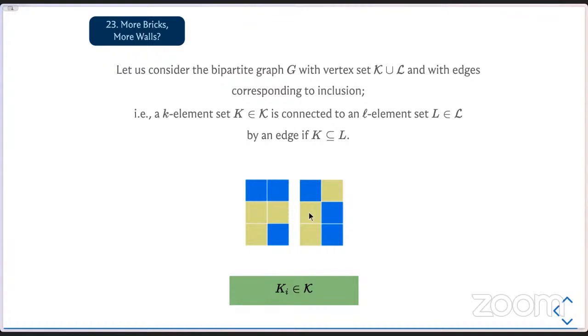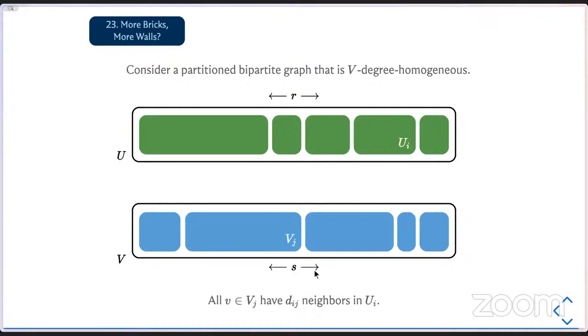And if you look at any Lj, they all have the same degree into any of the Kis. So fix a Ki, and all Lis will have some degree Dji into Ki. This is what is called a degree homogeneous partition.